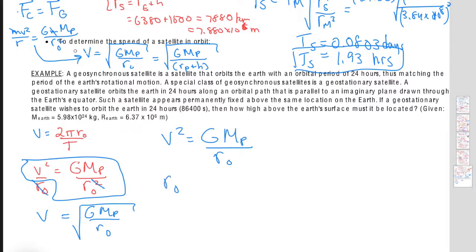If I solve this for R_O, all I'm really going to do is G mass of the planet over V squared.